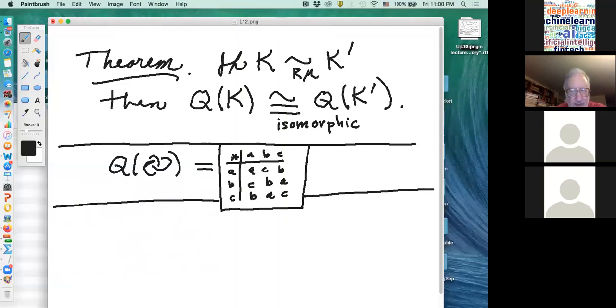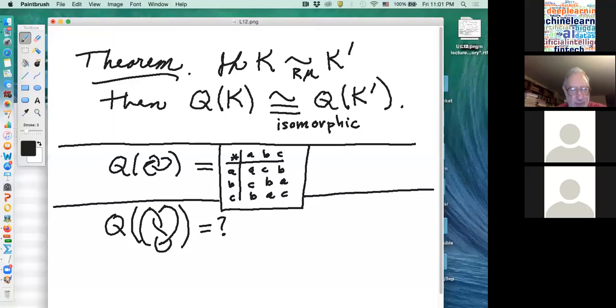So I wanted to say that generality to you, but now I want to do another example. What about the quandle of the figure 8 knot? Can we figure that out? Let's give this a try. I'm staying in this abstract algebra mode, okay?